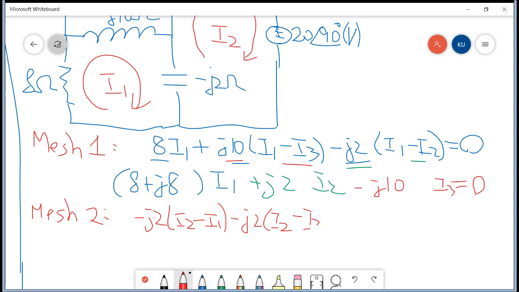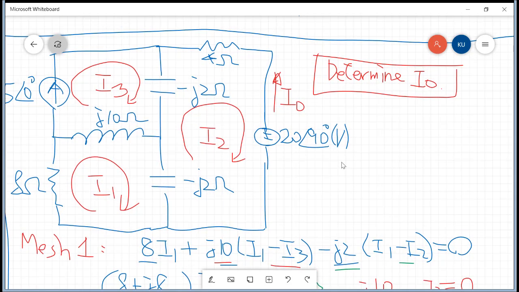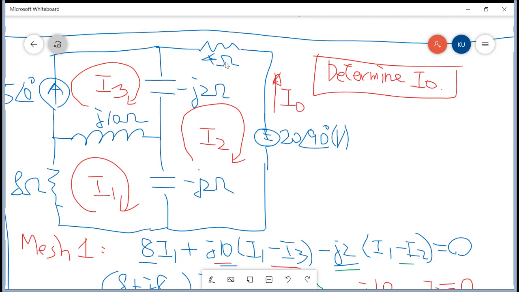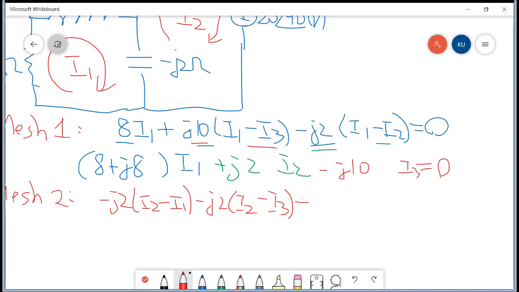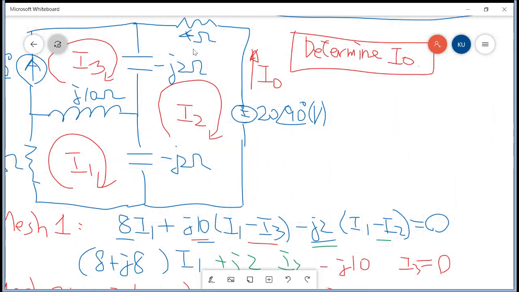And then 4 ohm multiplied by I2, plus 4 I2. And finally, something like a voltage drop for this loop, because this point is high voltage, this is a negative point.